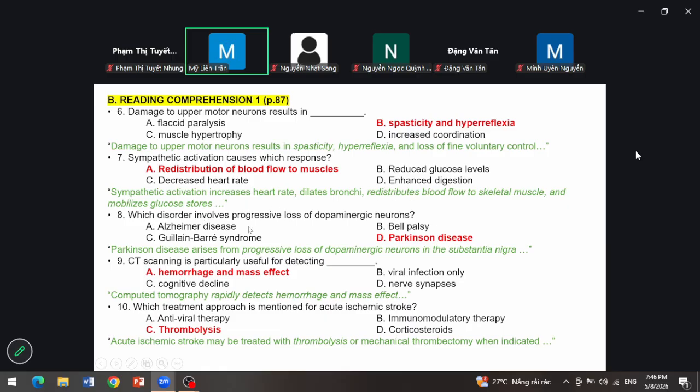Eight, progressive loss of dopaminergic neurons is Parkinson's disease. Nine, CT scanning is useful for detecting hemorrhage and mass effect. And ten, thrombolysis is mentioned for acute ischemic stroke.